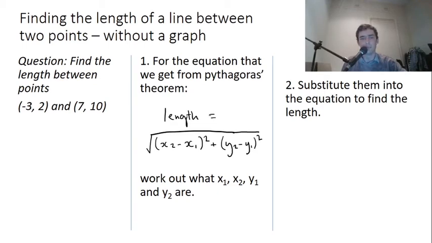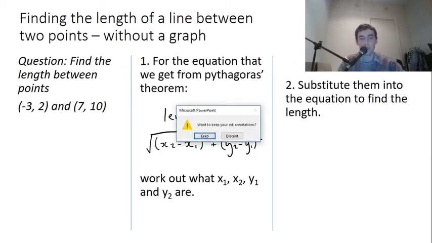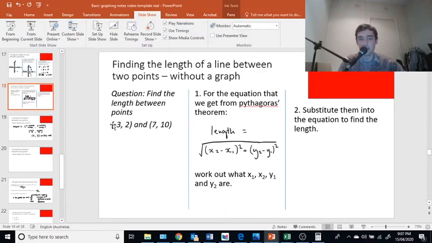Alright, so let's use this formula. Now what we have to do is we have to work out, well, what is y2, what's y1, what's x2, and what's x1. Now let's just choose one of these points to be our point 1, and one of them is point 2. Doesn't matter which one you choose. So I wouldn't mind making this a little bit clearer.